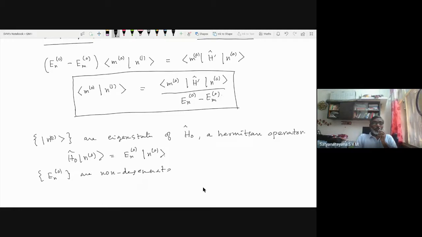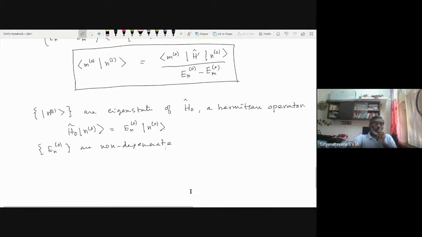Now you remember the theorems that you have proved for Hermitian operators: eigenstates corresponding to distinct eigenvalues are orthogonal.